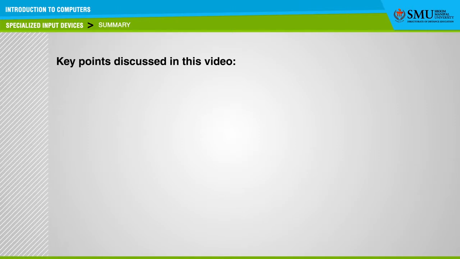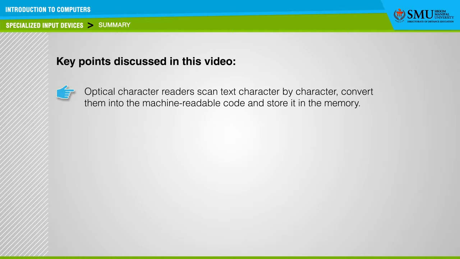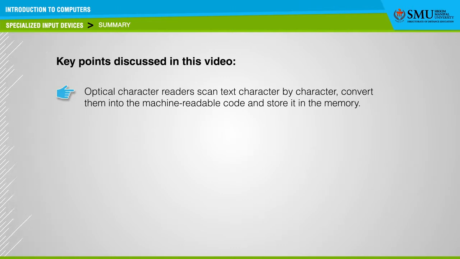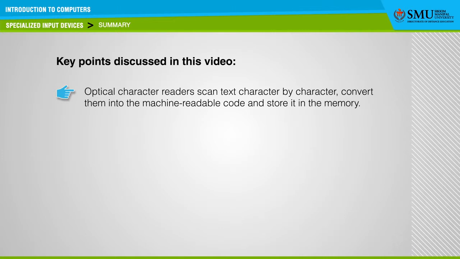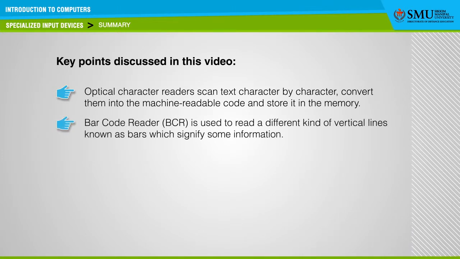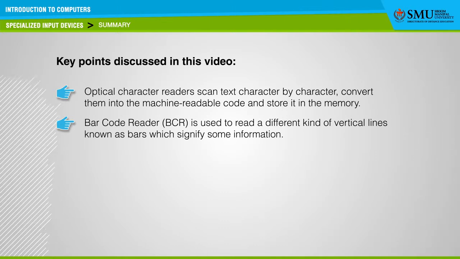Key points discussed in this video. Optical character readers scan text character by character, convert them into machine readable code and store it in the memory. A barcode reader is used to read a different kind of vertical lines known as bars, which signify some information.